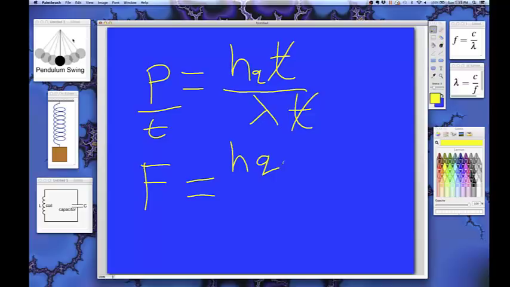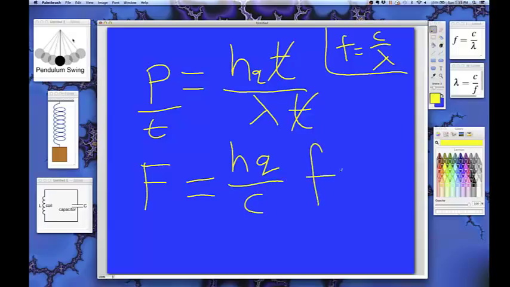Then I'm going to convert this to the frequency domain using f equals c over lambda, the original equation we've been talking about. So I'm going to write h_Q over c times the frequency.